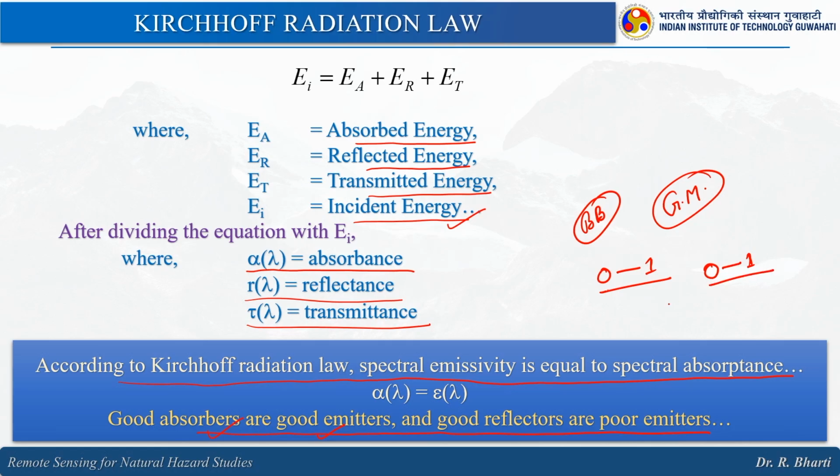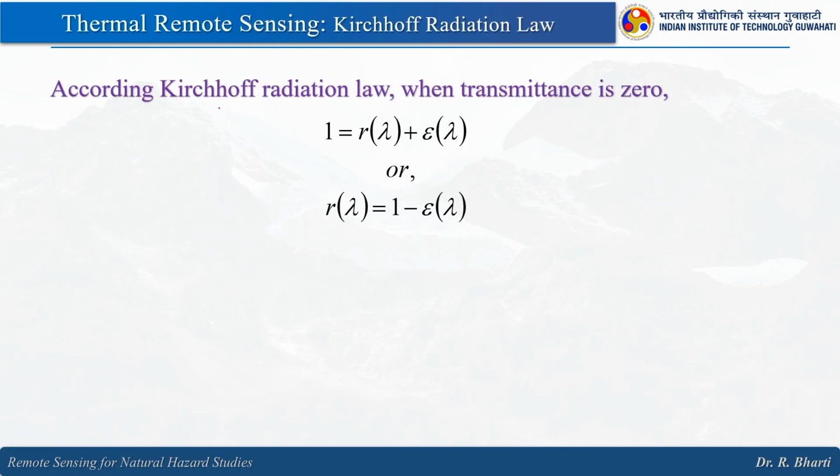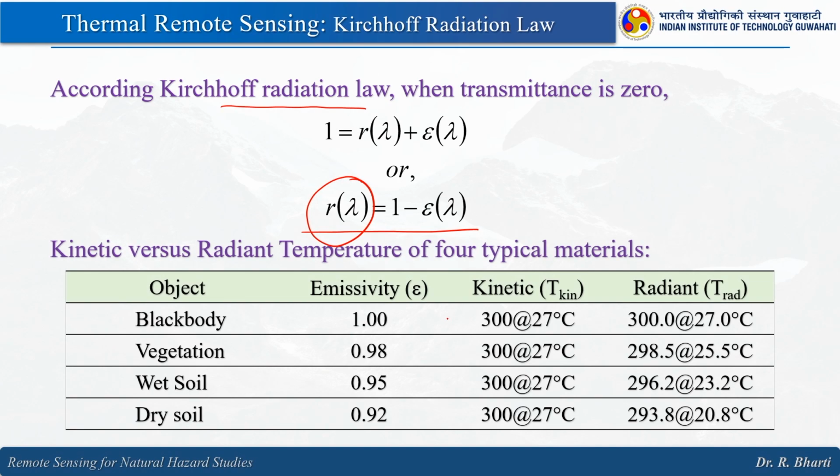We are talking about natural or man-made material which is neither a black body nor a good reflector. According to Kirchhoff's law, if we have the reflectance, we can calculate the emissivity, or if we have emissivity, we can calculate the reflectance by assuming all other components are 0.